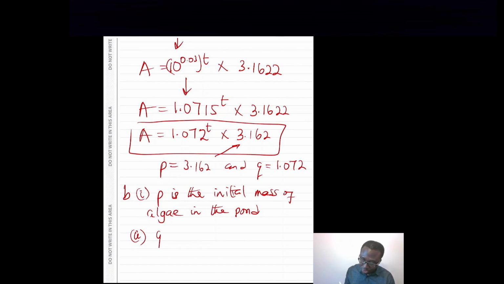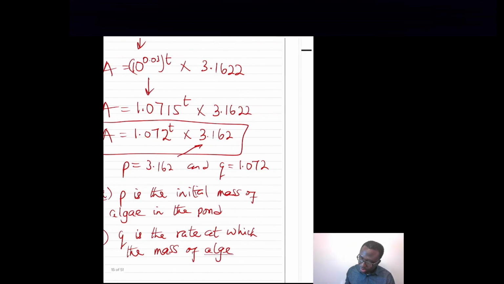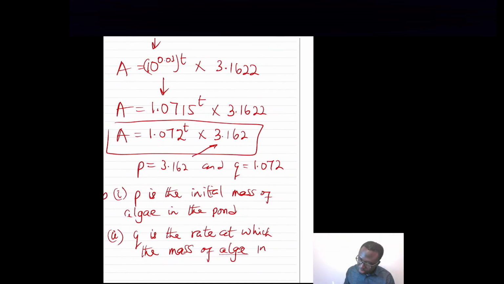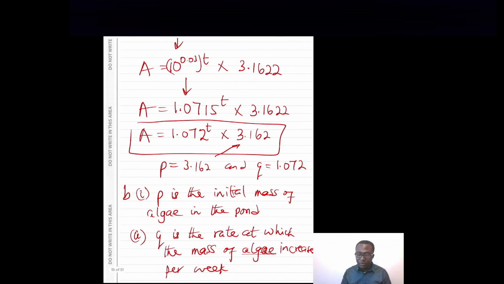Okay, so Q is the rate at which the mass of algae increases per week, or the multiplier, which is 7.2%. Okay, and then that is it for the B part.